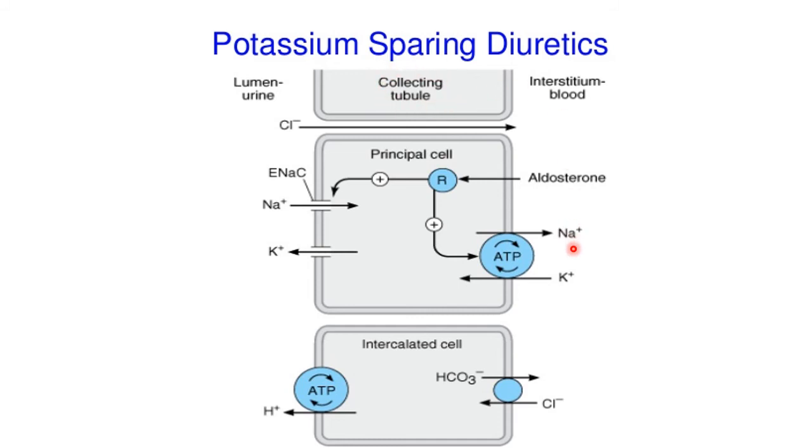Now you see here, this is sodium potassium ATPase. Normally aldosterone causes expression of this sodium potassium ATPase as well as this epithelial sodium channel. Now the aldosterone receptor antagonist will not cause this sodium potassium ATPase expression and will inhibit this epithelial sodium channel.